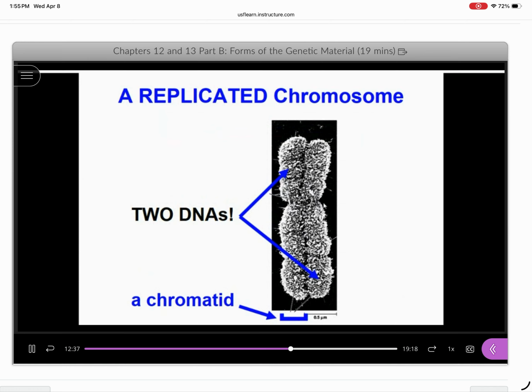So what's going to happen in cell division, please remember, a structure called a spindle forms, and the spindle grabs hold of the replicated chromosome at this location. It grabs hold from both sides, where I'm showing my pointer here, and pulls and separates the sister chromatids.